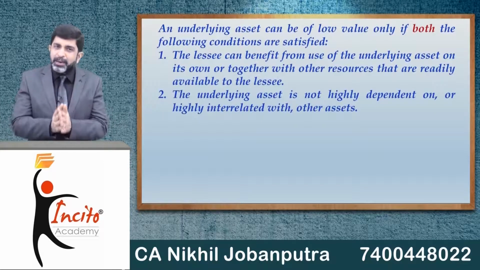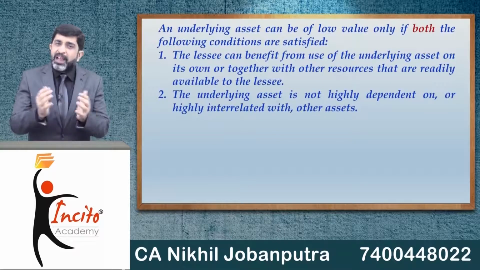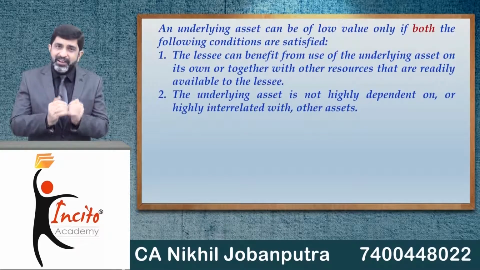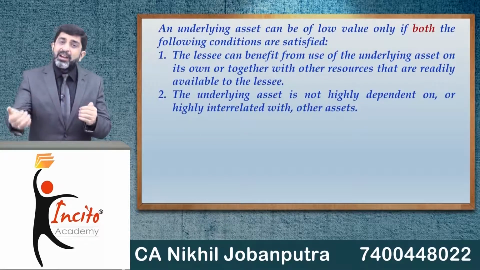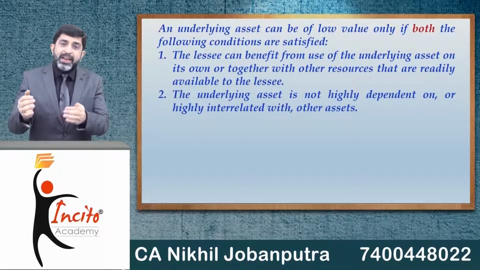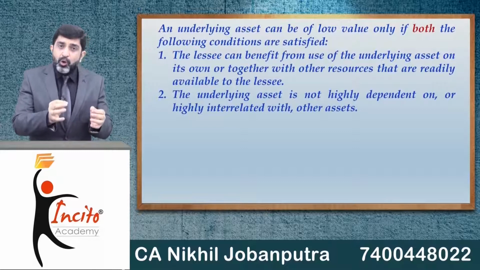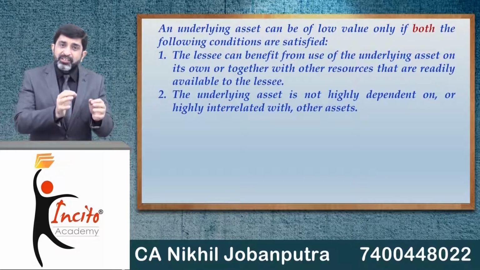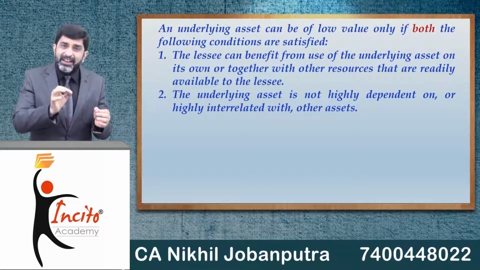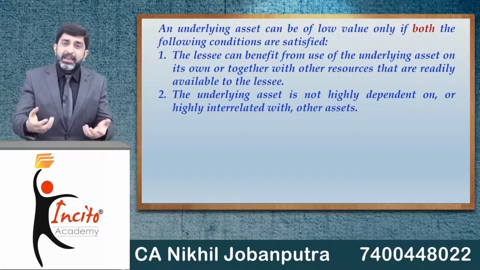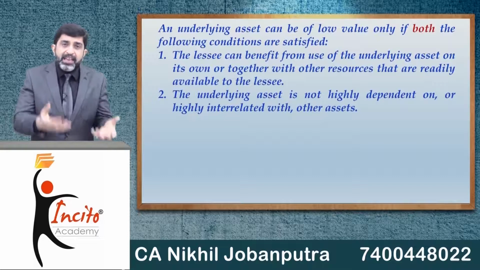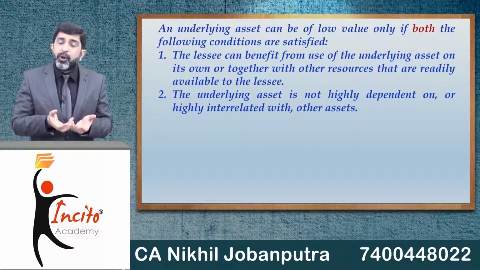assets. A simple example could be, suppose I have taken a car under a lease and the lessor has made another arrangement of providing the car tires to me. Now the car tires, which is a small separate arrangement of lease, the tires cannot be used independently on their own, right? I cannot derive any economic benefit from those tires.